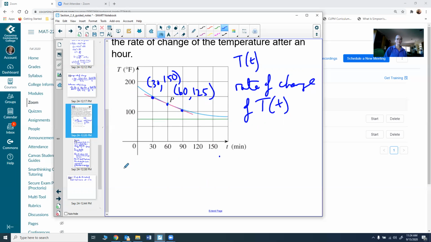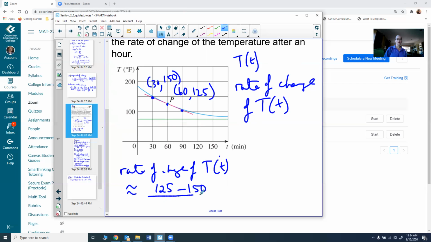So my rate of change of the temperature at a particular time is approximately equal to the difference in those. So 125 minus 150 over, since I used the 125 first, I've got to use the 60 first, minus the 30. So that's going to be negative 25 over 30.